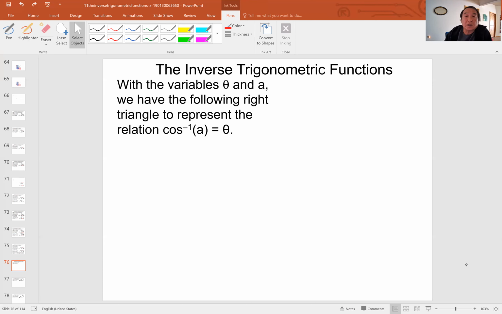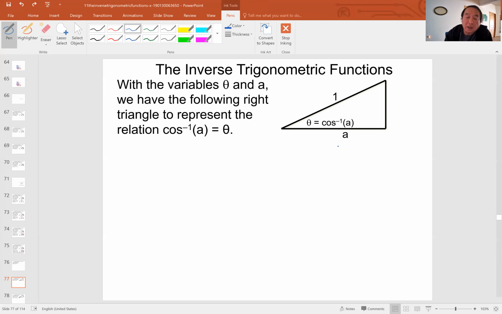Then we use the SOHCAHTOA definitions of an angle. This triangle represents the angle whose cosine is A over 1.